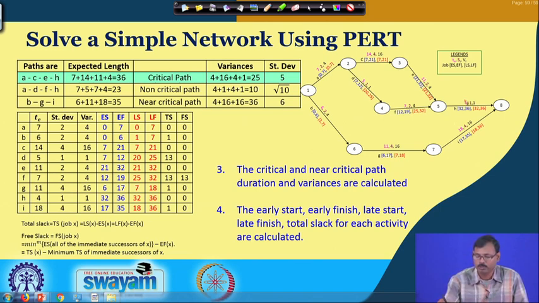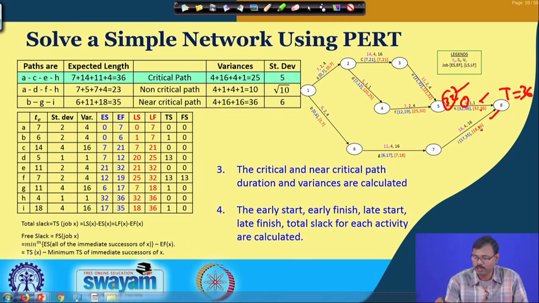Similarly, considering T is equal to 36, if we go for the backward pass, the latest finish time of both the jobs is 36. So, subtracting 4, which is the normal duration of that, from 36 gives us 32. So, the latest possible time of starting this job is 32.